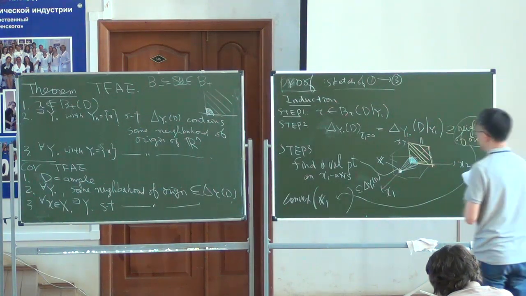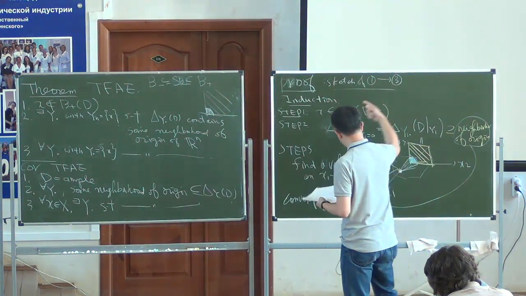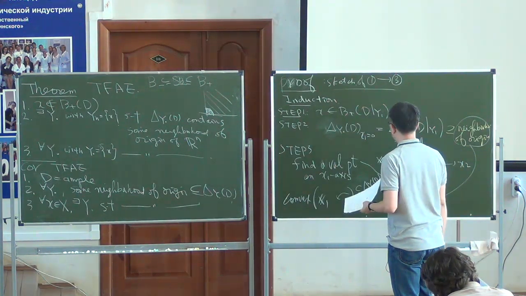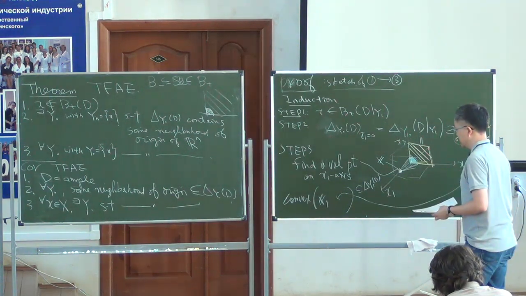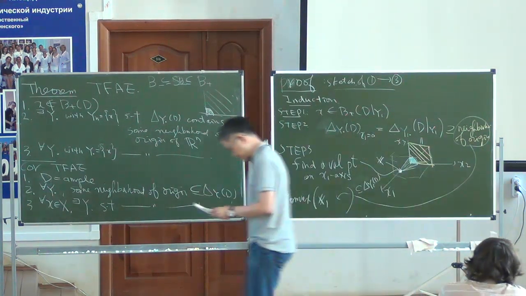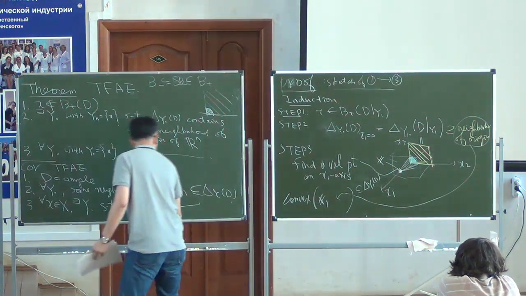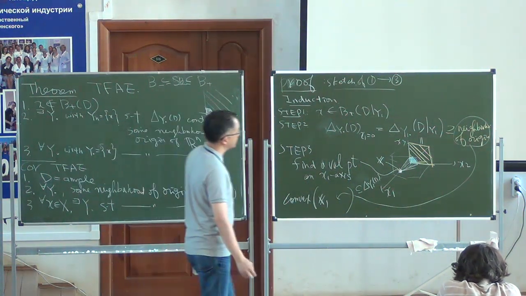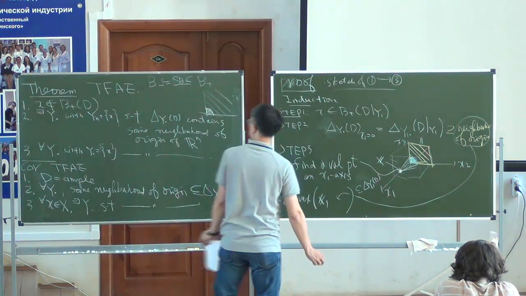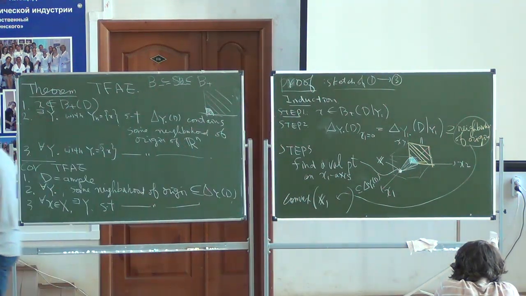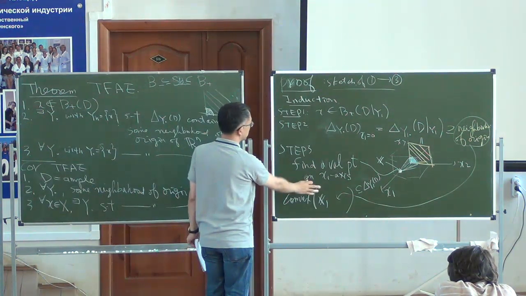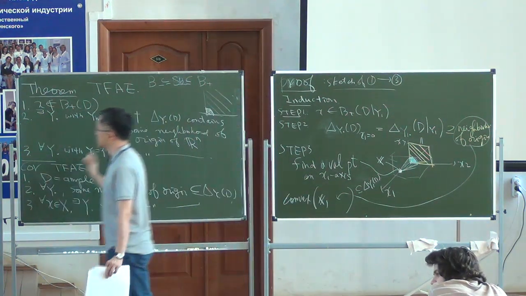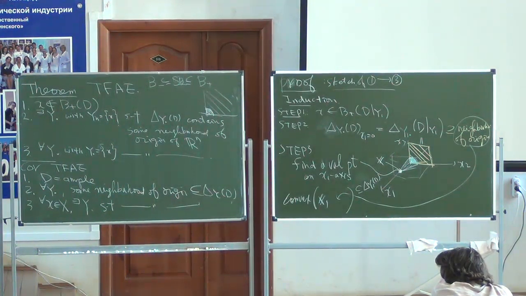So once you have these steps, it's not too difficult. Yeah, so this is about B plus, and we also had B minus. Any questions?